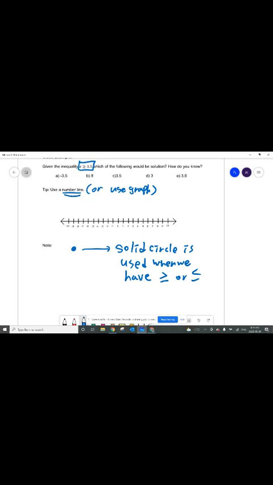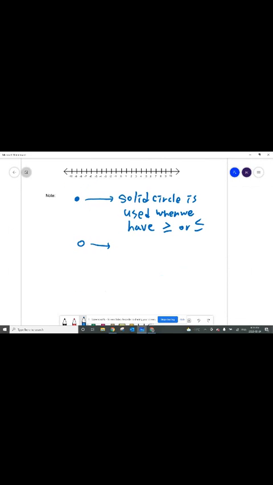This is rule number 1. Rule number 2 is an empty circle. An empty circle is used when we have bigger than or smaller than.